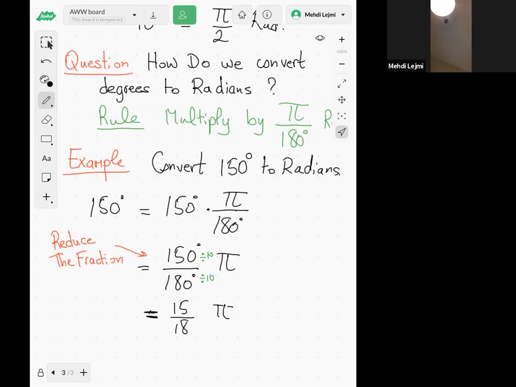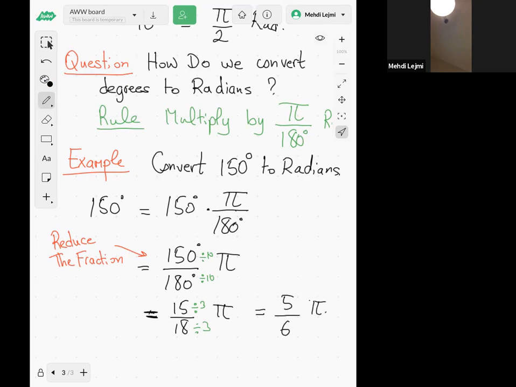We can still reduce this fraction because 15 and 18 are both divisible by 3. 15 over 3 is 5, and 18 over 3 is 6. So that's 5 over 6 pi.